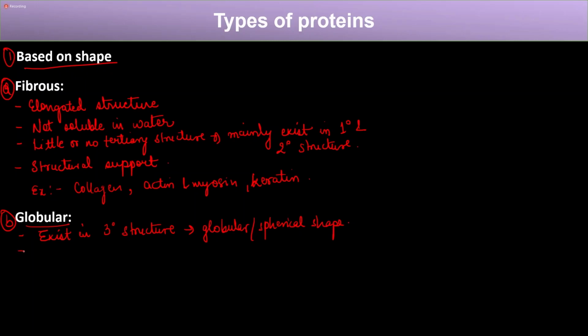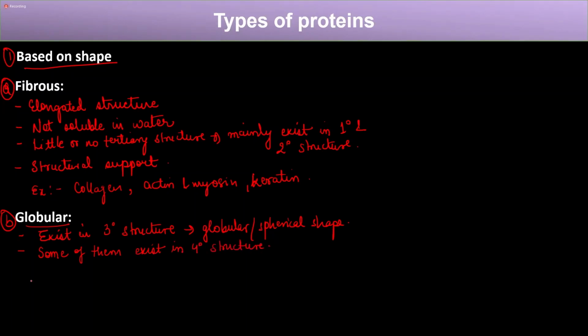There are certain other globular proteins that exist in quaternary structure. So they mostly exist in tertiary structure, but some of them exist in quaternary structure as well.